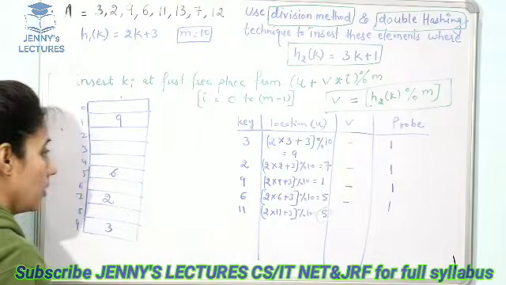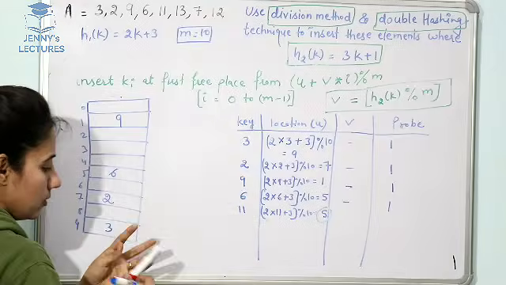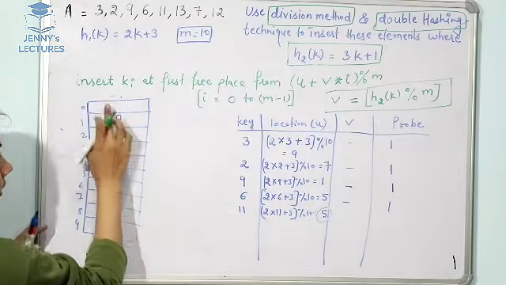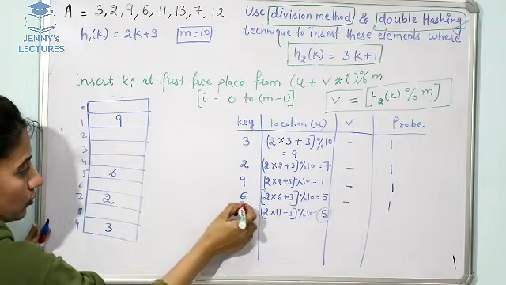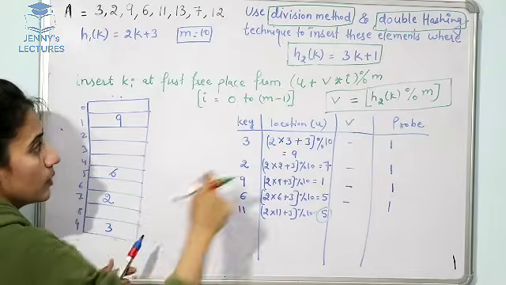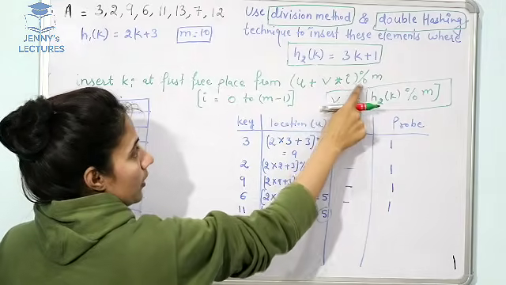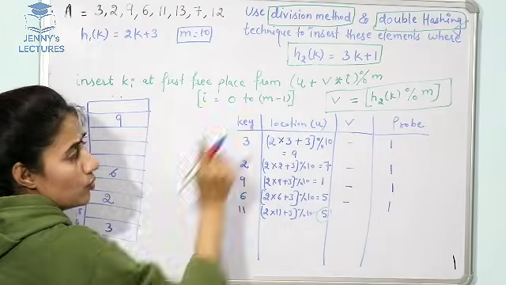Okay. Now what would be applied in double hashing technique? Insert ki. Ki here is 11. You have to insert 11 at first free place from u plus v into i mod m. Now for 11, what is value of u?